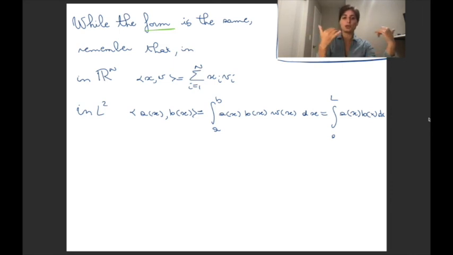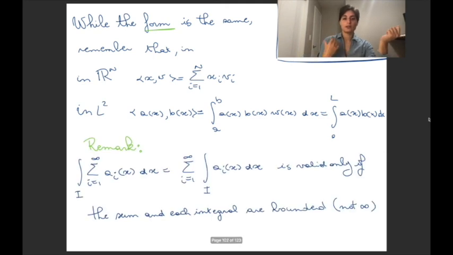In L2, we're taking an integral with a weight. So formally, when you're taking the integral of an infinite sum of a function, you can swap the integral and the infinite sum only if both the sum and the integral are bounded, so they're not infinity. We are assuming this to be the case.